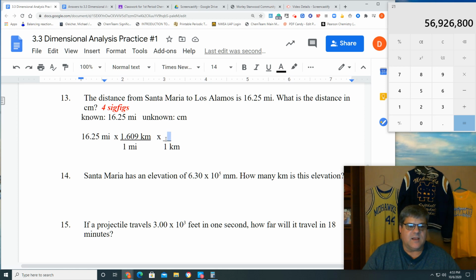So up here, I can actually go ahead and put down 1 with 5 zeros centimeters. So 1 kilometer equals that many centimeters. And I look at it and I said, okay, that makes sense to me. Well, it does to me. I don't know if it does to you.